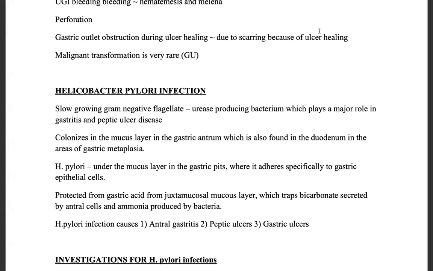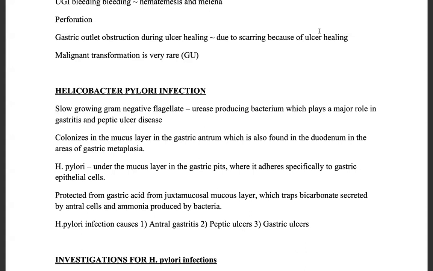So what will happen due to this Helicobacter pylori infection is it can result in antral gastritis, peptic ulcers, gastric ulcers, and also in very severe, prolonged cases, they can even lead to distal gastric adenocarcinomas as well.